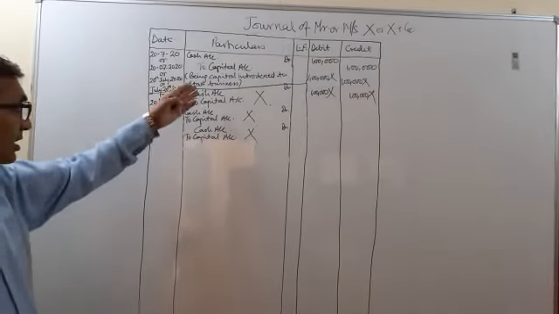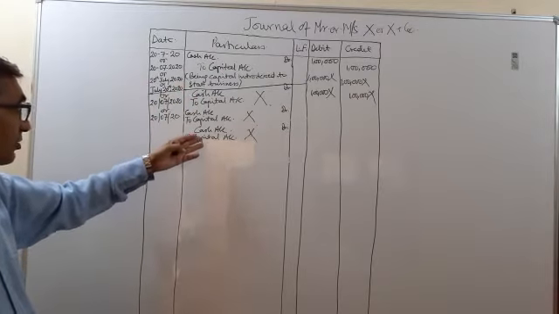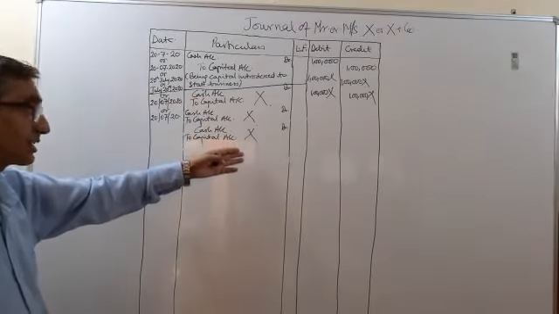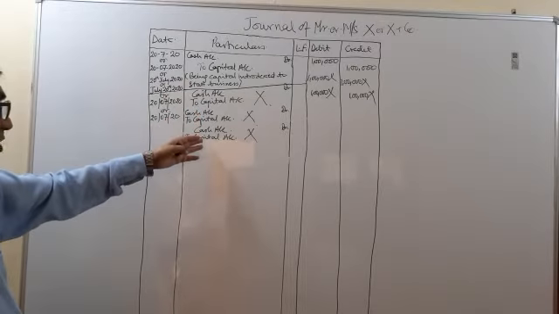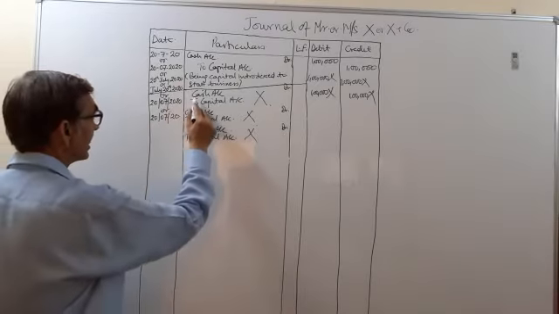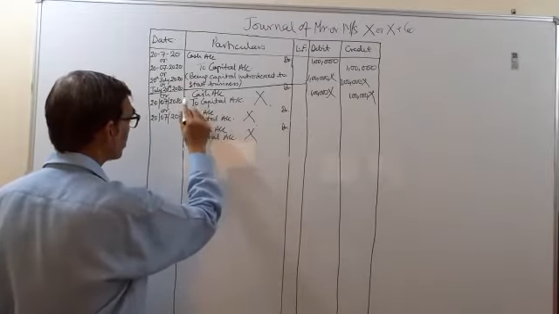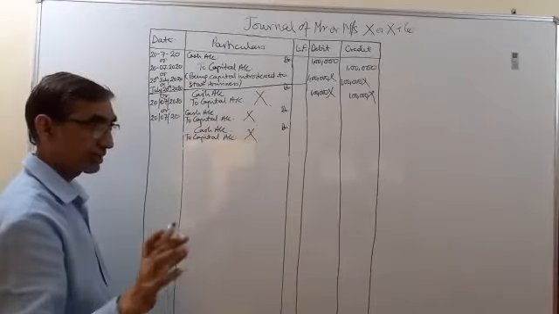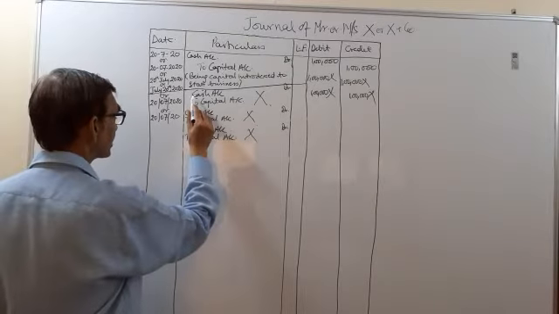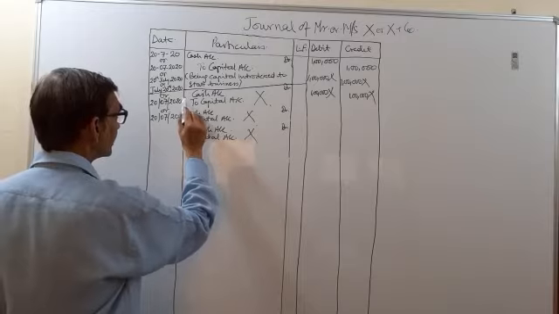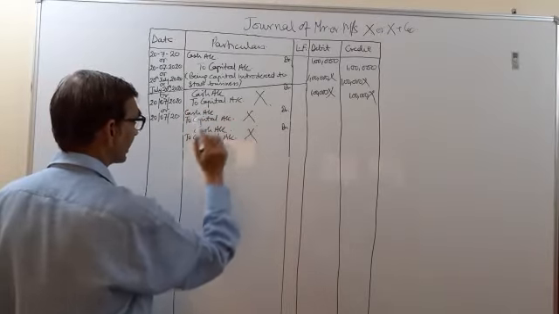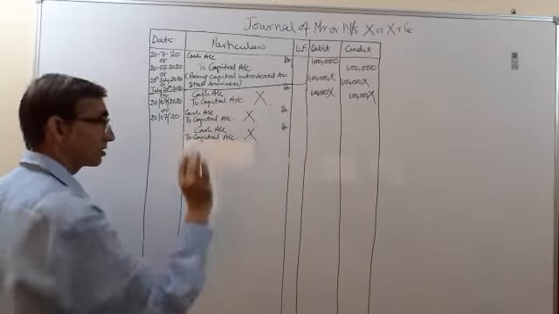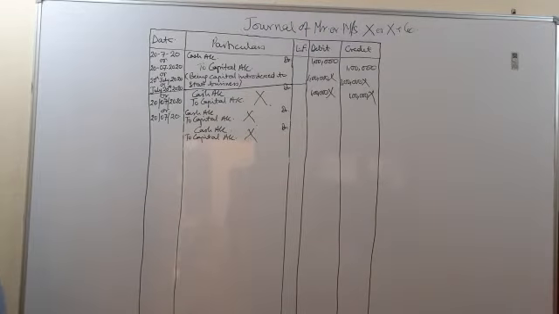Now here are some examples which will not be considered correct while recording the journal entries in the particular column. If you write in this way, you have left a far bigger space between the line and the first alphabet of the debit entry, and from there you start to write the credit entry, it will be a wrong way.